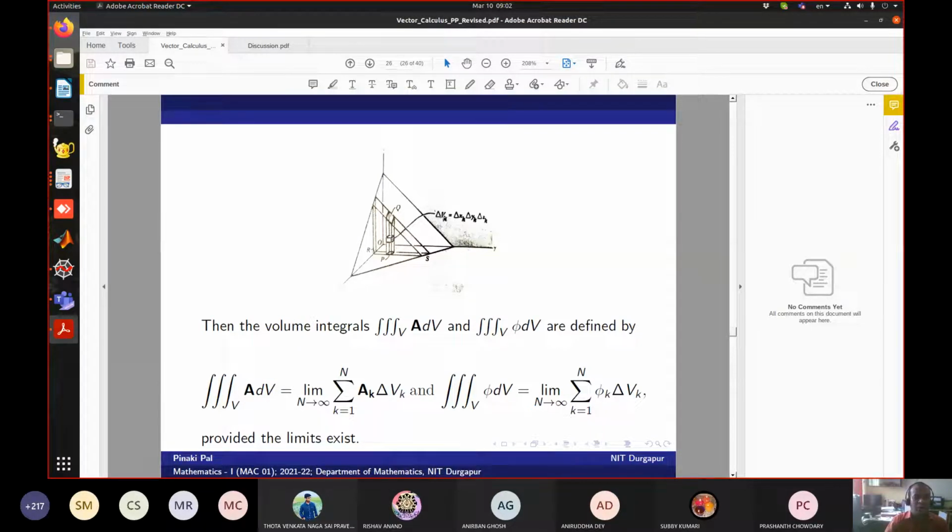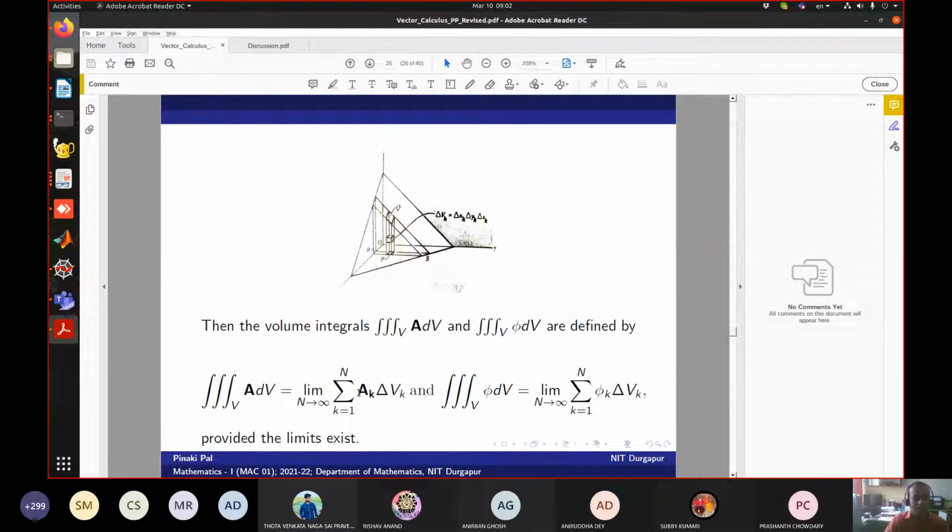At that point, we will calculate the value of the given function, either scalar or vector. Let us call that value ak, or phi k, and multiply it with the volume of the elementary region. This is our integration element for the kth region: ak delta Vk, or phi k delta Vk if the function is scalar.